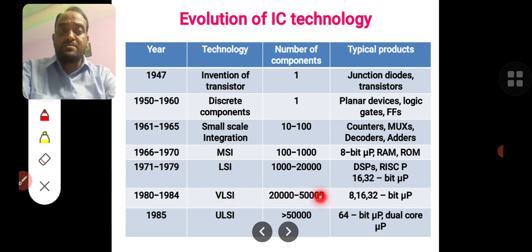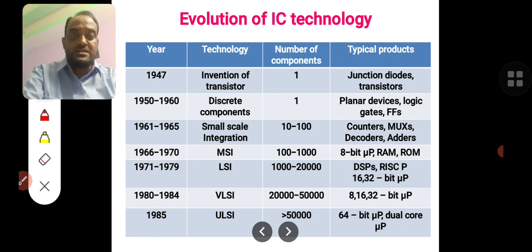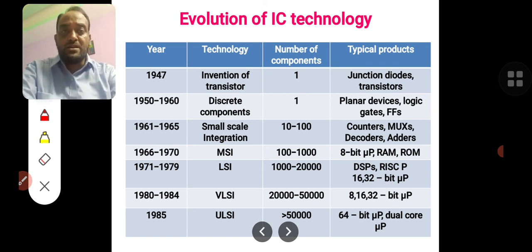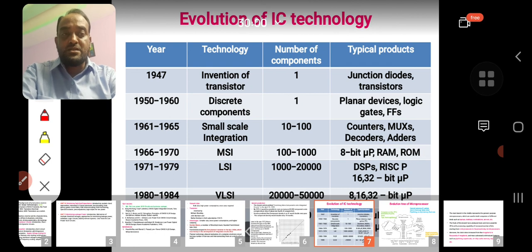These chips can accommodate 20,000 to 50,000 devices, components on a chip, and with this technology can comfortably produce 8-bit, 16-bit, and 32-bit processors as well.